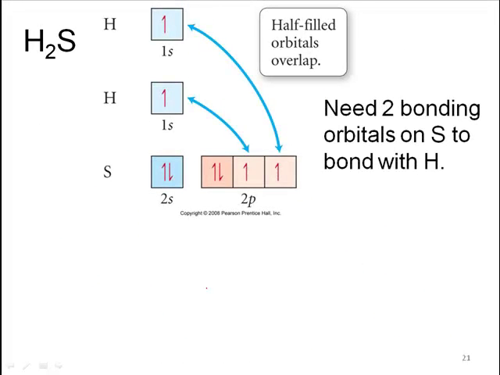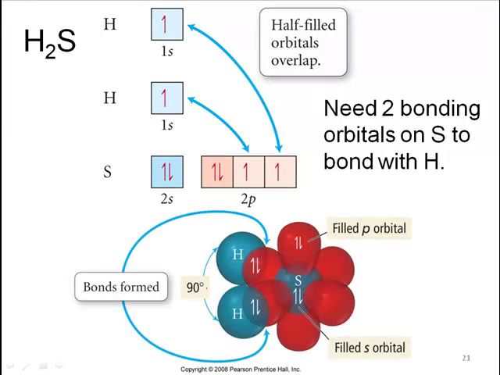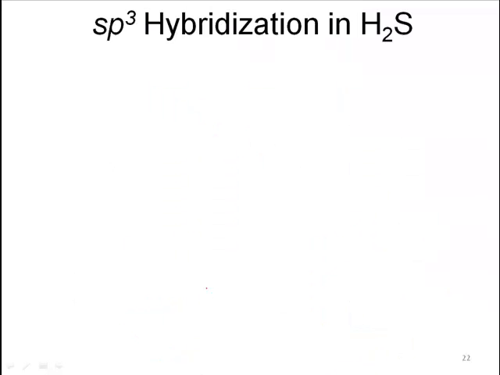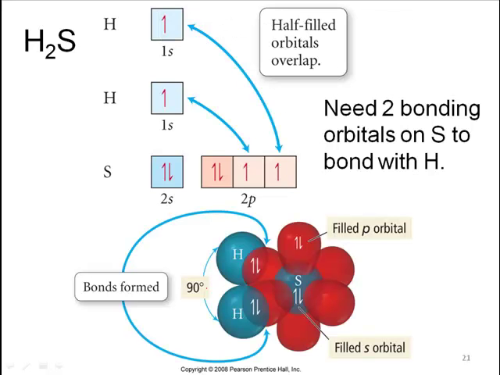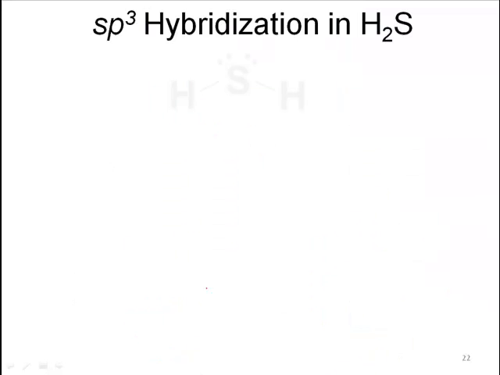If you have H2S, it needs two bonding orbitals on S to bond with H. So the predicted angle here, if it was just like this, would be 90 degrees. But we know the angle is not 90 degrees with a bent molecule.